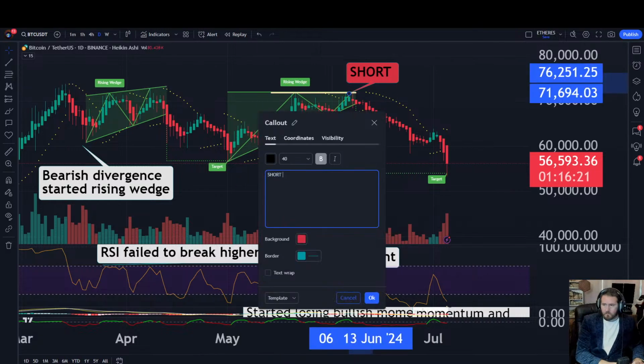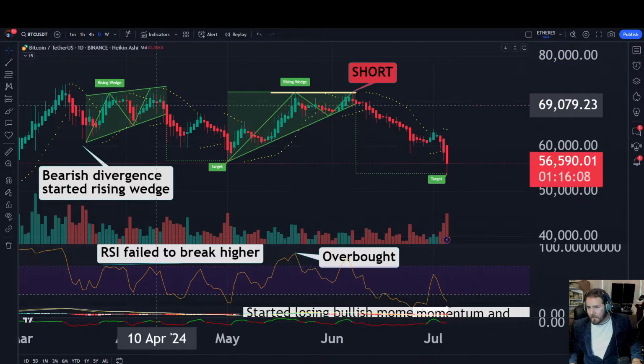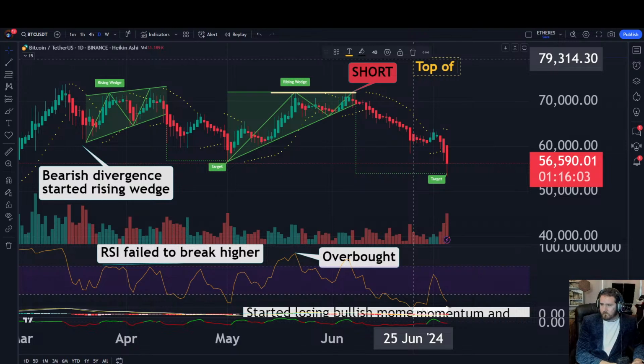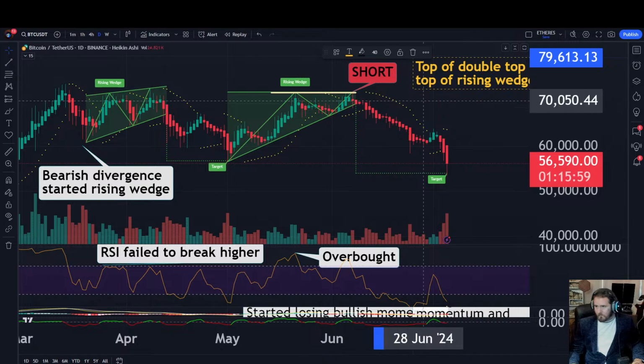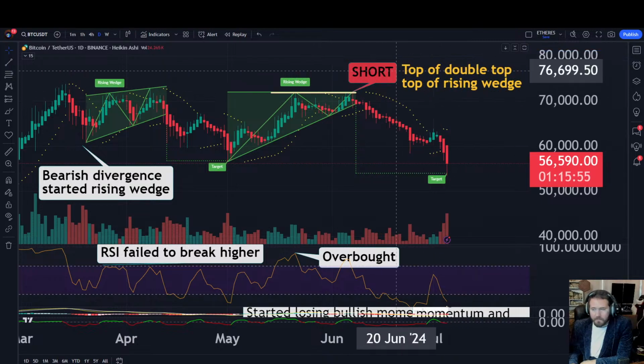I'm going to add a note beside this so it's easier to read. So this was the top of the double top, and this was the top of the rising wedge right here.